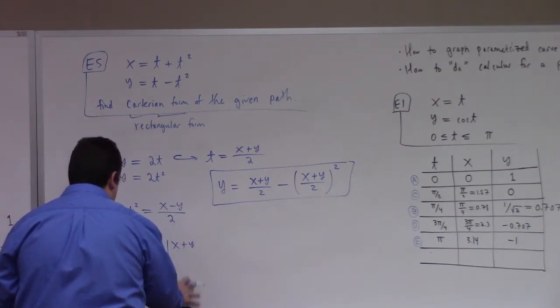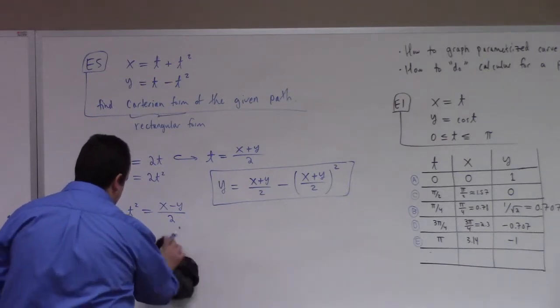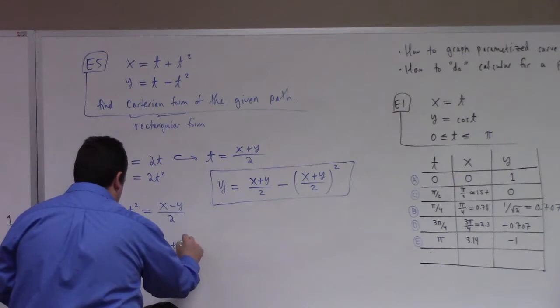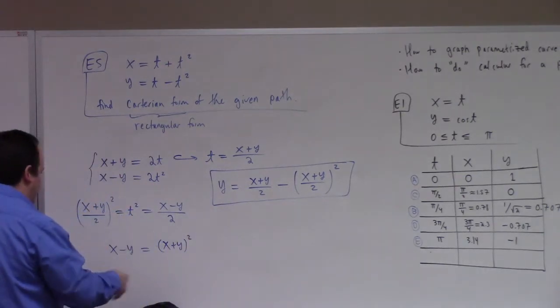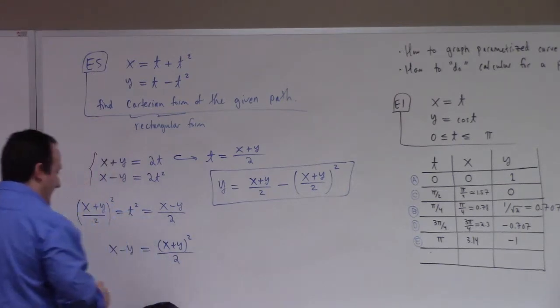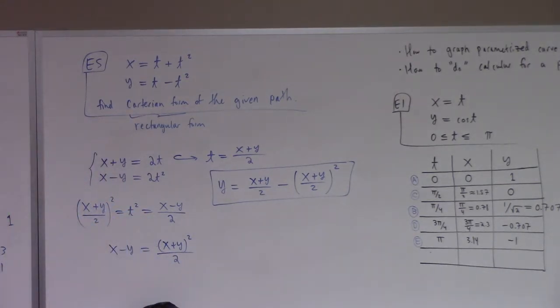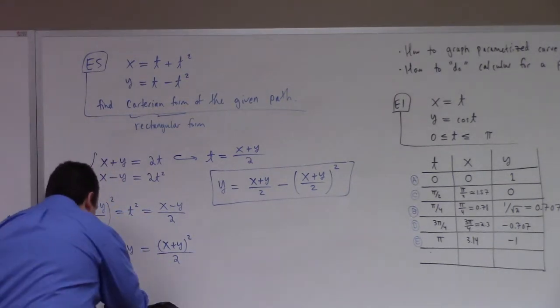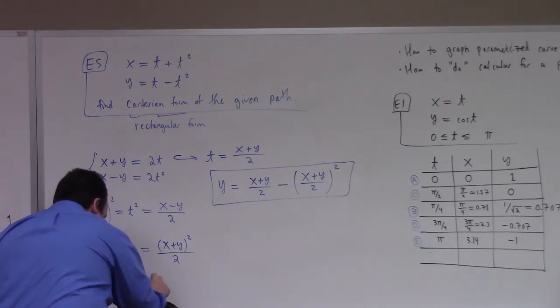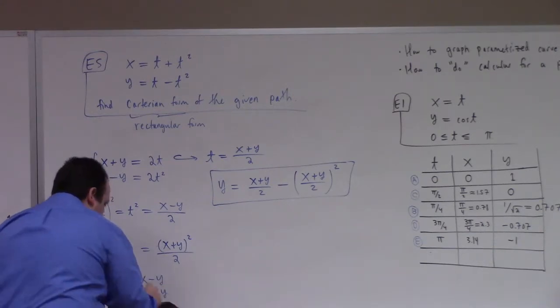Sorry, I'm trying to do something here. (x plus y) squared divided by 2, I guess, yeah. If you make a substitution and you let v equal x minus y and you let u equal x plus y, right?